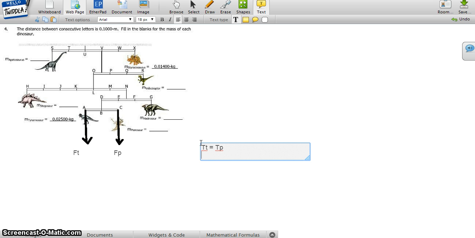Or said another way, the weight of the Tyrannosaur, 0.25 newtons, times the distance away, 0.1 meters, has to be equal to the weight of the pterosaur times the distance away, which is 0.1 meters, which means that the weight of the pterosaur is equal to 0.225 newtons, which means that the mass of the pterosaur is equal to 0.025 kilograms.